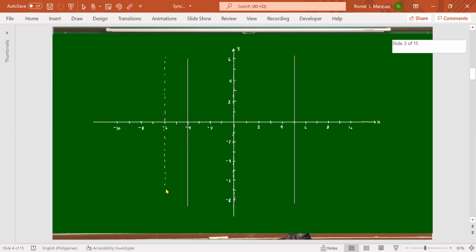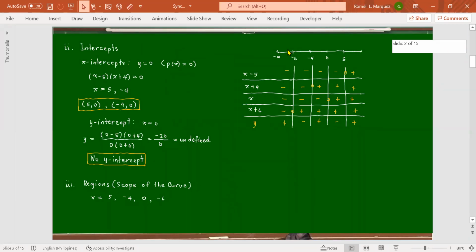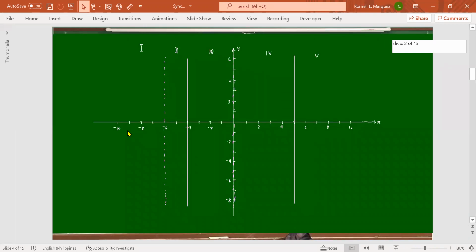Okay, guys? So this is region 1, region 2, region 3, region 4, and region 5. Region 1 is to the left of negative 6. Positive, so there is no graph below.